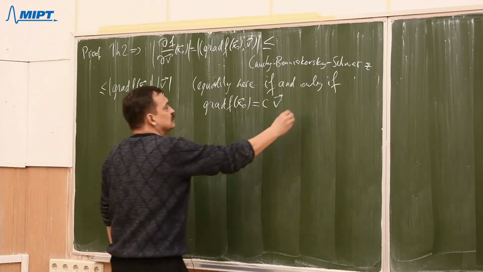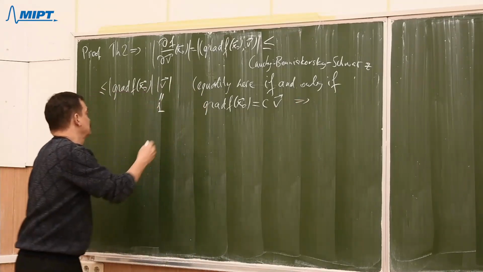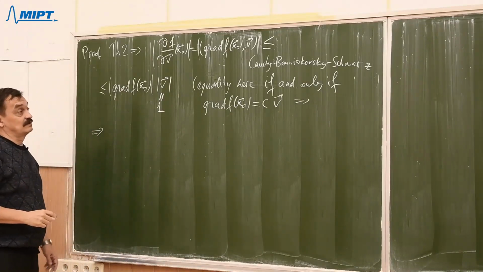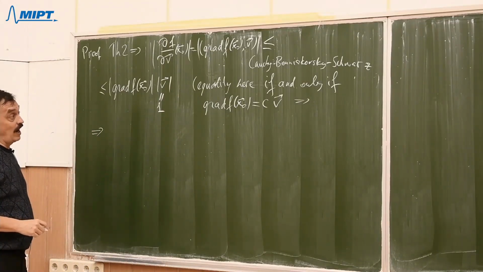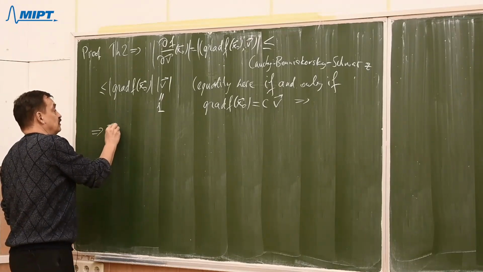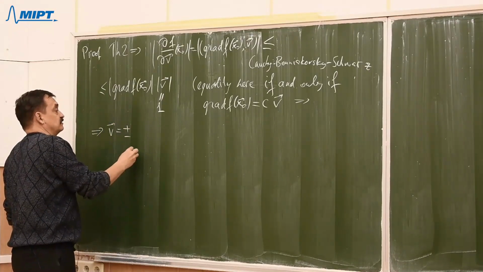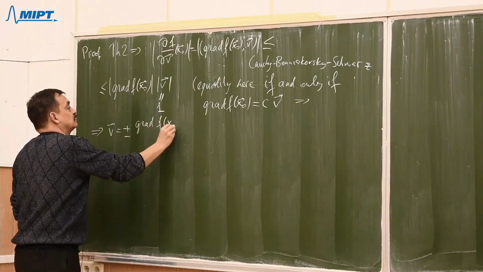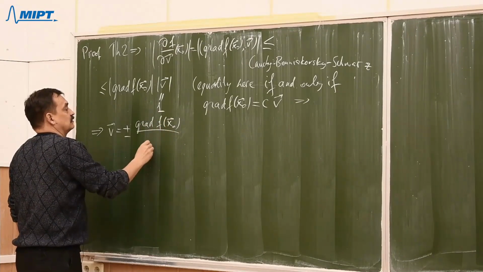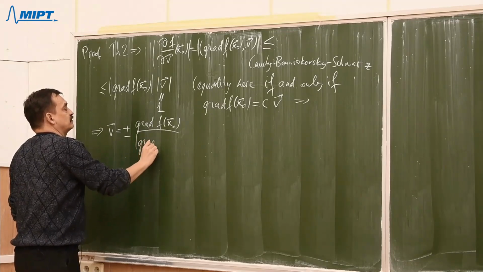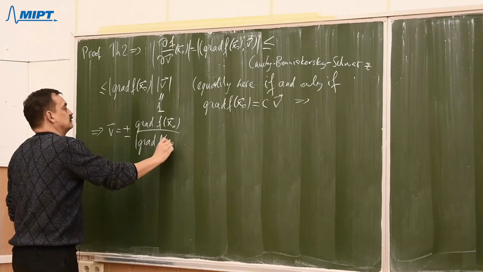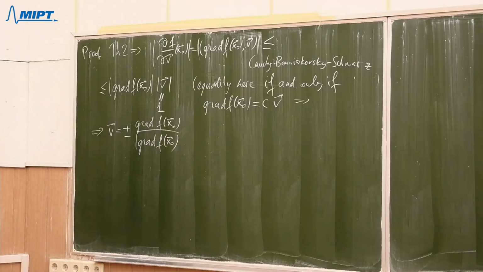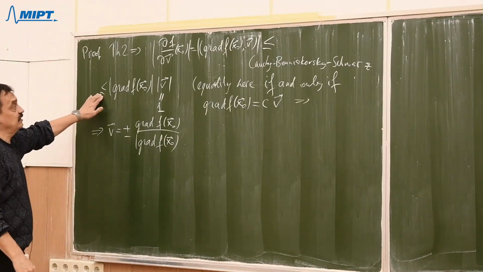Hence, we obtain, since vector v has length 1, v equals plus or minus gradient over the length of this gradient. And these are the only two cases when we have equality here.